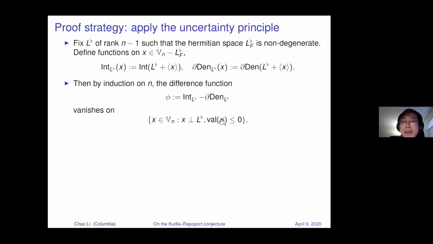And moreover, if the valuation of the vector is strictly smaller than 0, then the lattice is not even integral. As explained, if the lattice is not even integral, then both sides are 0 automatically. So it is also agreeing. The difference function will also vanish if the vector has strictly negative valuation. So in other words, by induction on n, I already know the difference function vanishes on a very large set.